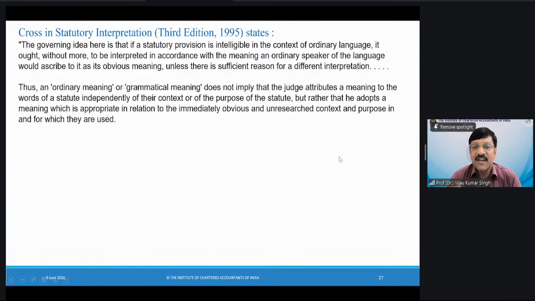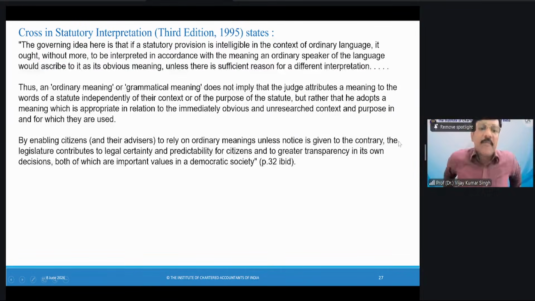Thus, the ordinary meaning or grammatical meaning does not imply that the judge attributes a meaning to the words of a statute independent of their context or the purpose of the statute, but rather they adopt the meaning which is appropriate in relation to that. By enabling citizens and their advisors to rely on the ordinary meanings, unless notice is given to the contrary, the legislature contributes to legal certainty and predictability for the citizens, and to greater transparency in its own decisions, both of which are important values of a democratic society.